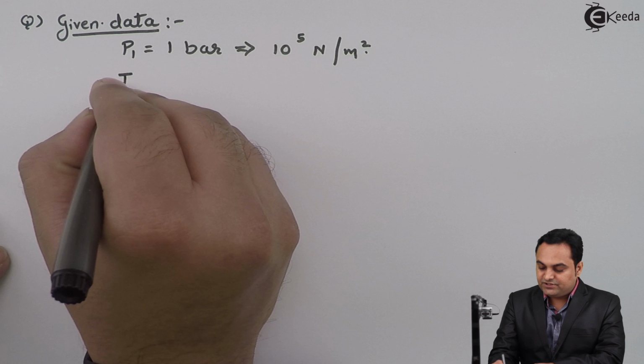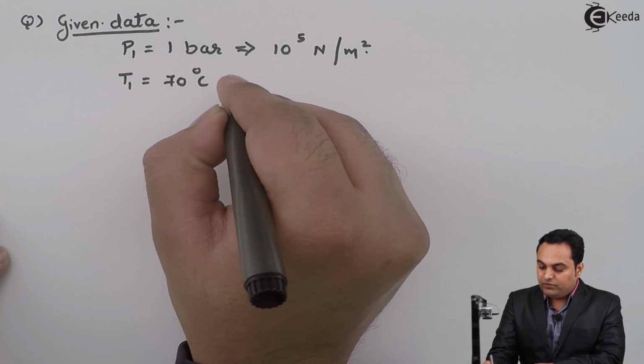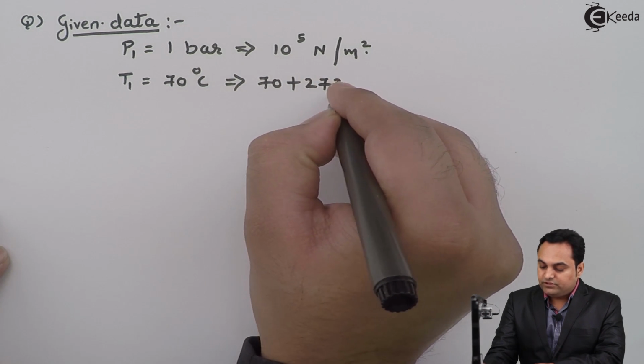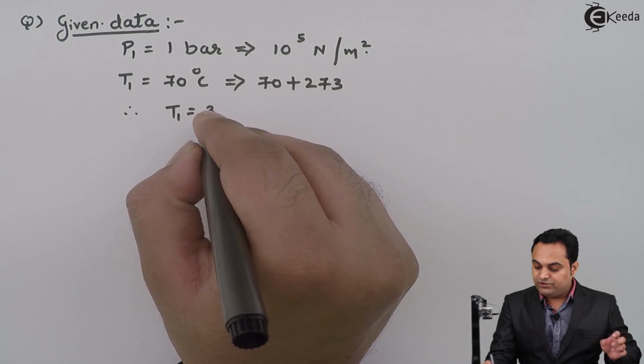So T1 = 70 degrees Celsius. Now if we add 273, the temperature T1 will be in terms of Kelvin, which is 343 Kelvin.